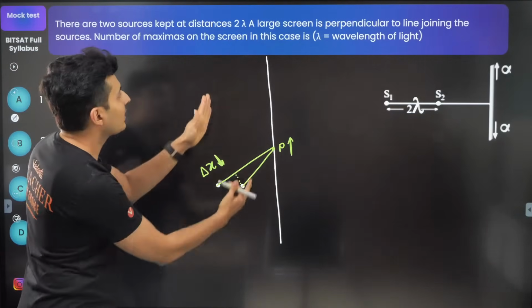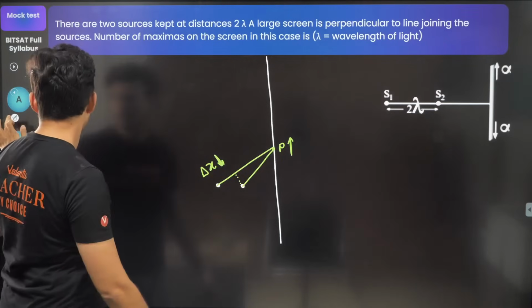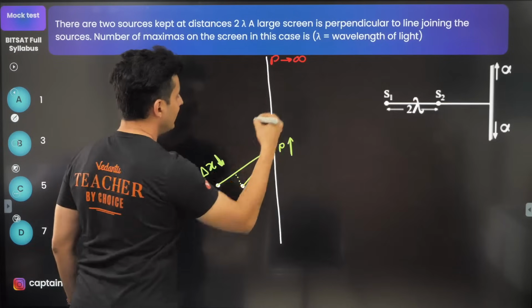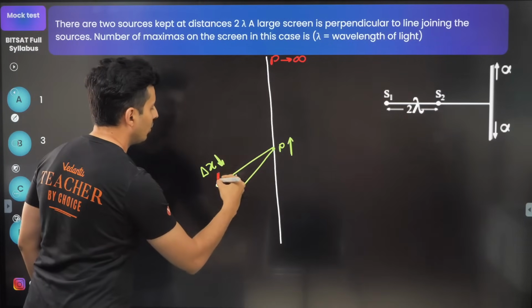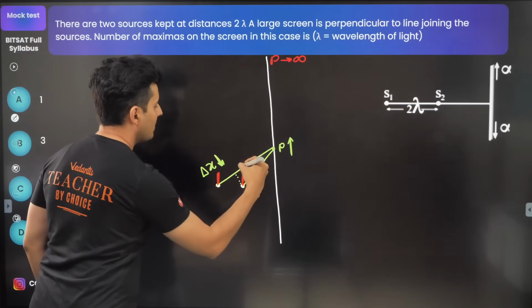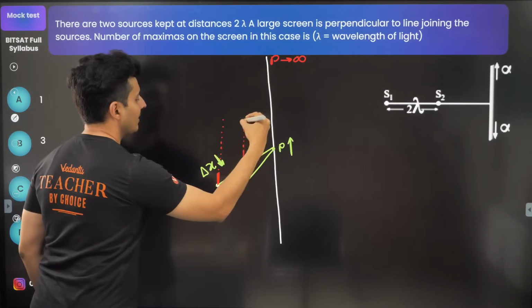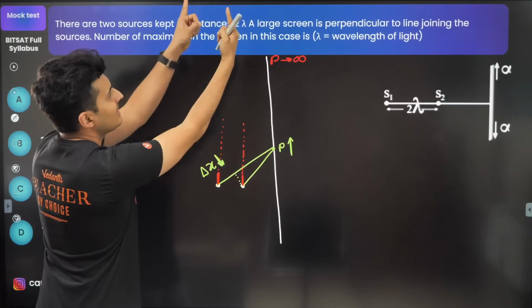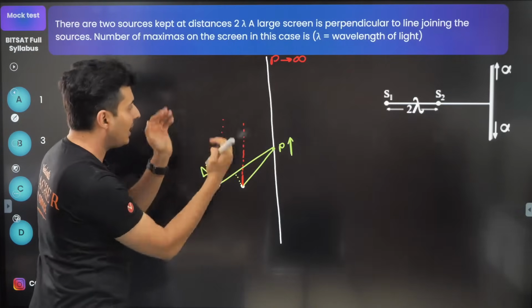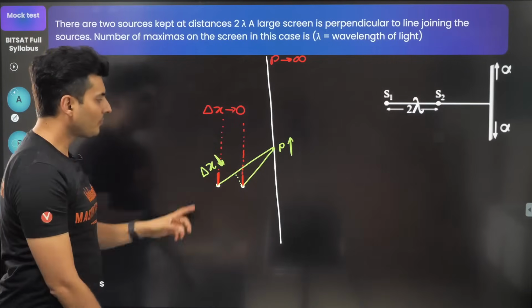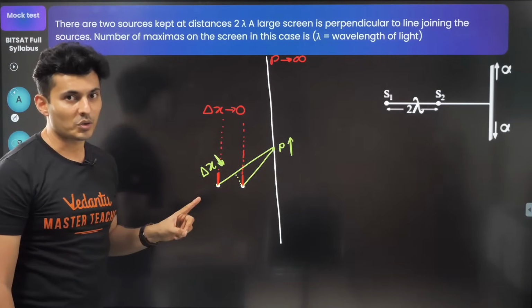Eventually, when you reach really far away, when P tends to infinity, both the rays will roughly be parallel to each other, because they will be meeting at infinity. There will be no difference in the path between them. So then delta x tends to 0. That is the next thing you should know.